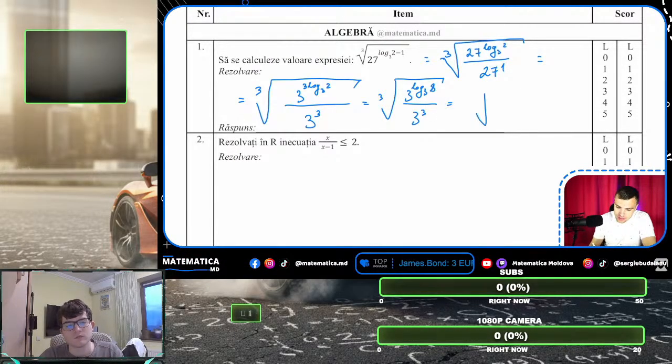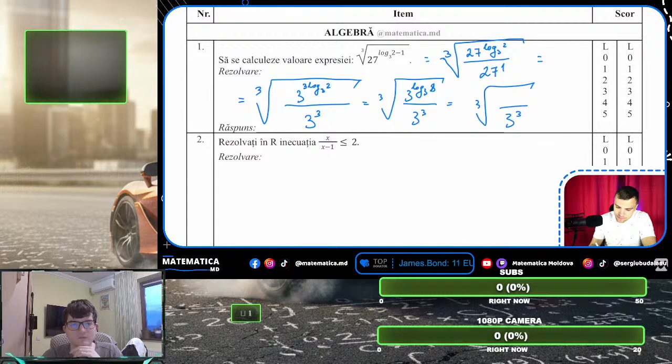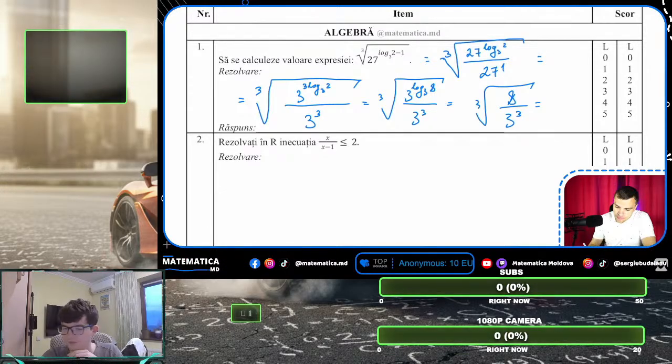Two to the power 3, that's 8. Okay. So that's 1. 3 to the power of log base 3, that is 1.